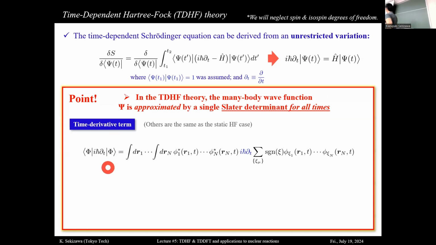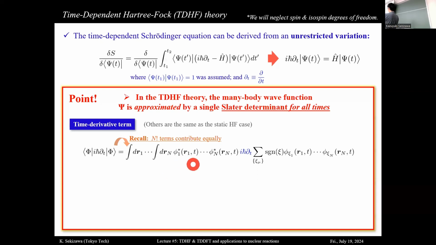So now we take the expectation value of this iħ ∂/∂t. This is again the same: we can show that all the n factorial terms which emerge from one of the Slater determinants contribute equally.